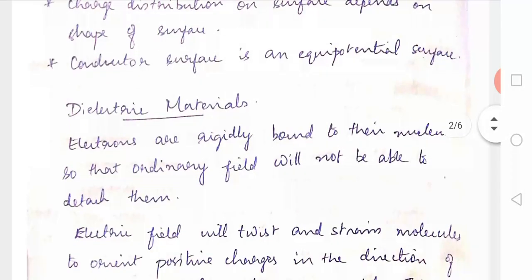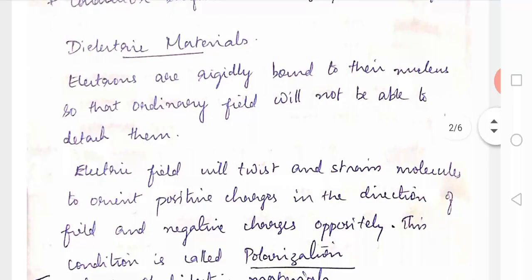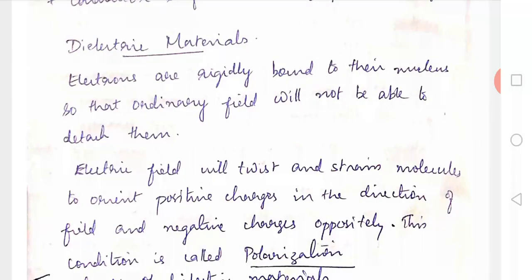Now what is a dielectric? This term deals more with capacitors. Mostly in the case of capacitors, we have seen the dielectric. Between the capacitor plates, a dielectric is kept, and the difference between a dielectric and a conductor is that at ordinary field, the electrons cannot be moved from the nucleus.